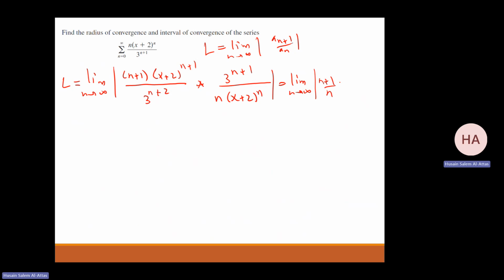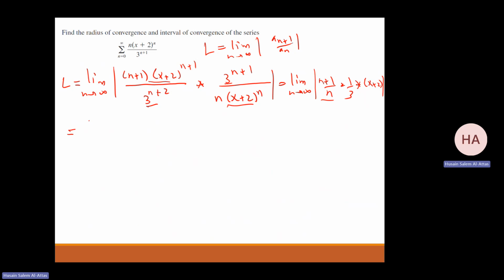This is times 1 over 3. This with this. And all of that times x plus 2. Because this with this, give me x plus 2. This limit is 1. This is 1 over 3.